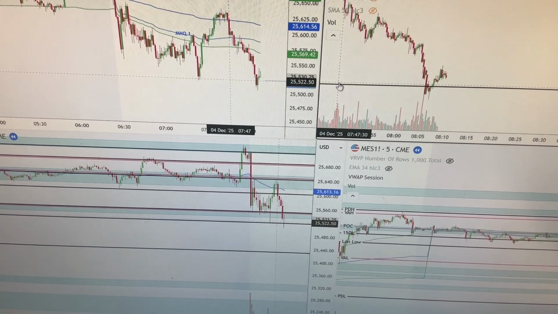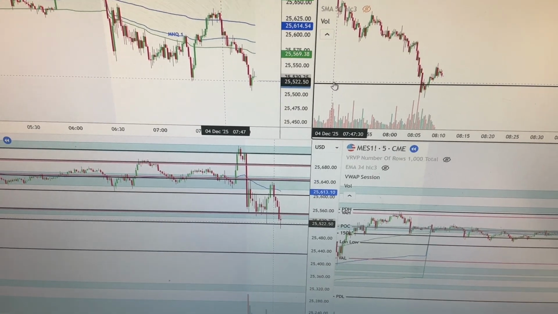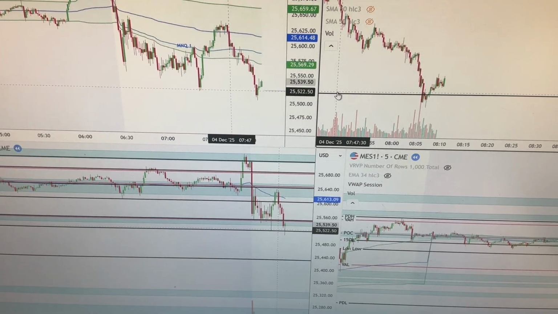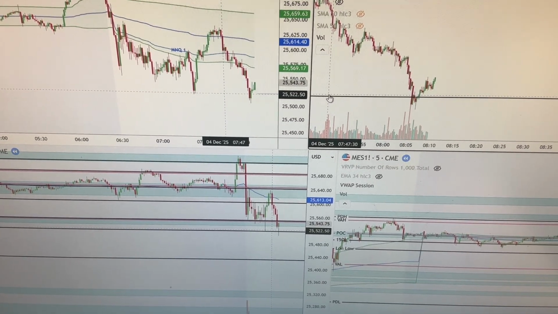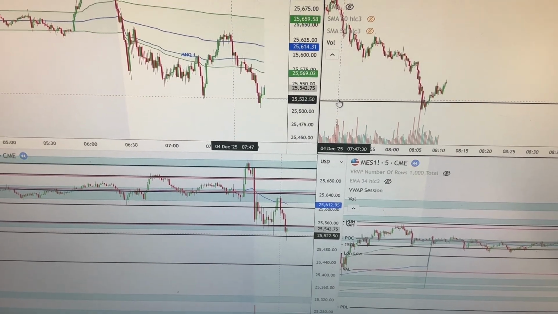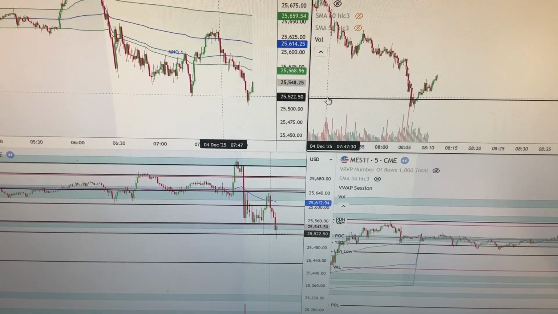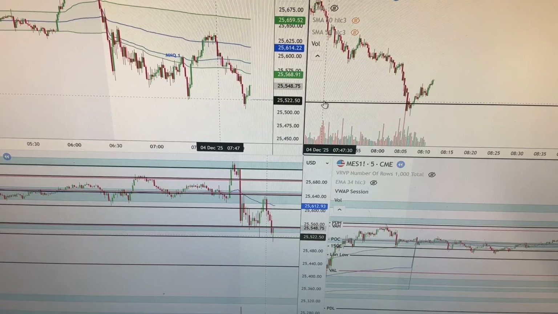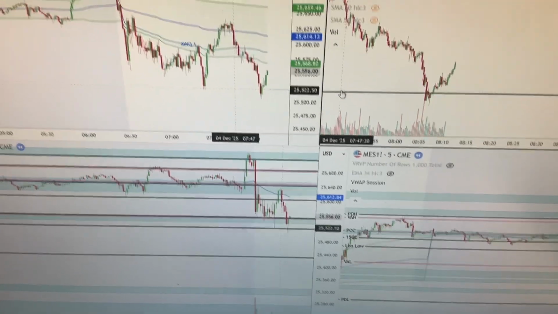So this is a failed auction, rejecting initial balance low, grabbing the liquidity just as a wick. Like that. And it's gonna close on the 5 minutes soon. Okay, there it closed. Now we're waiting for the retest.